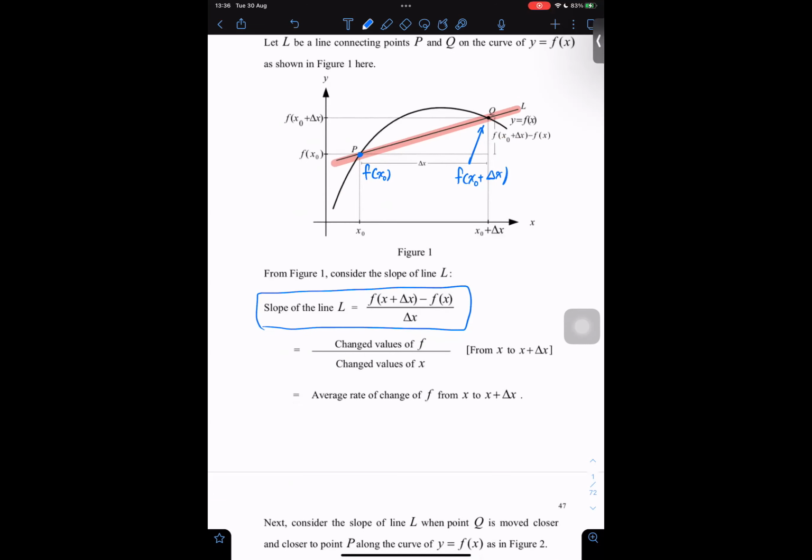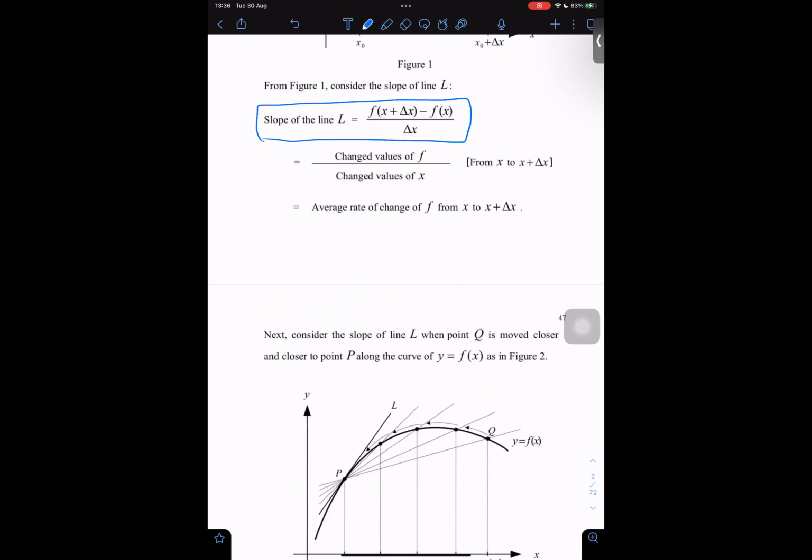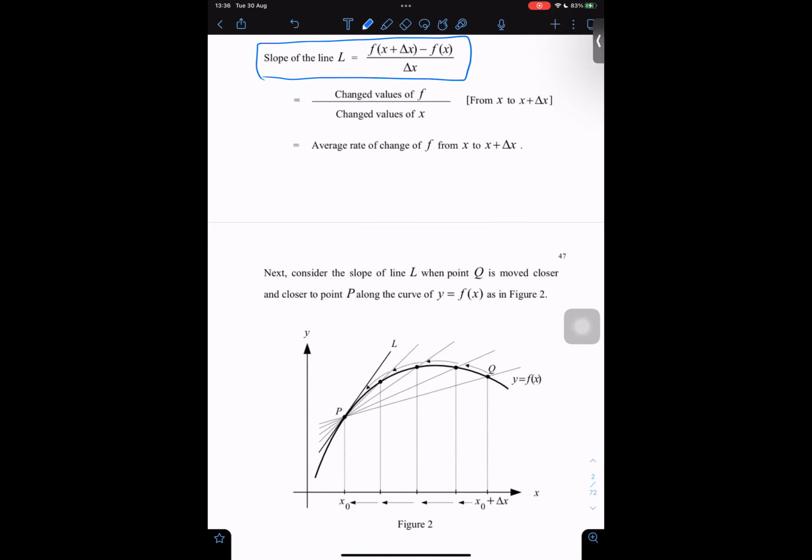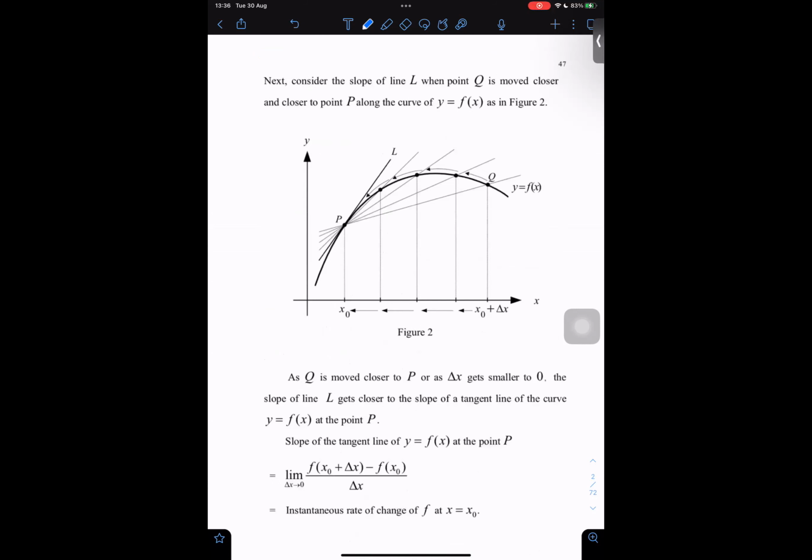Derivatives have the same concept. We just want to find the slope at this particular point P. So how are we going to do it?